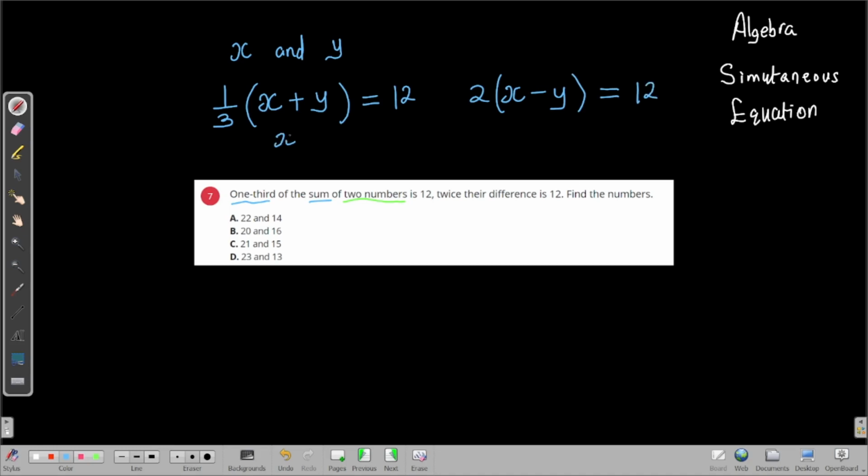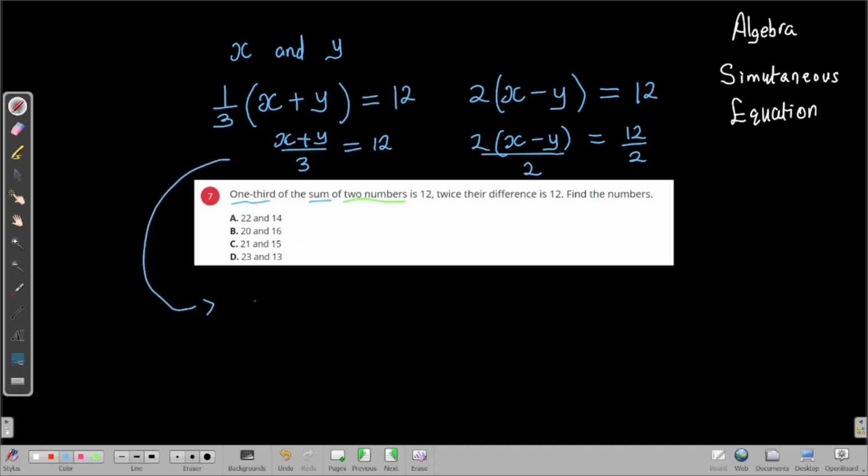So I'm going to have a simultaneous equation. Let's simplify these equations. x plus y over 3 is equal to 12. This one, 2 times x minus y is equal to 12. If I divide both sides by 2, this one will give me x minus y is equal to 6.